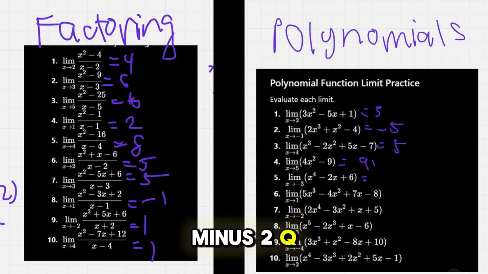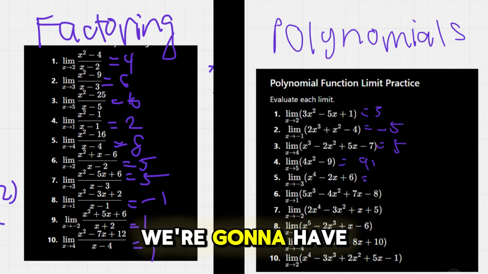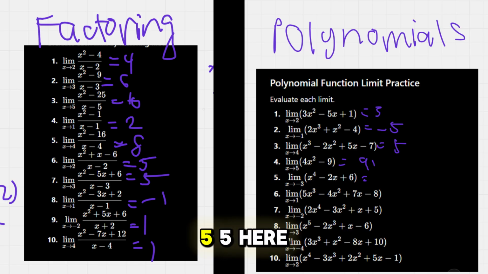Minus 2 times 4 squared. 4 squared, 16 times 2 is 32, and then 64 minus 32, that's going to be 32 plus 5 times 4, 20. That's going to be 32 minus 20. Okay, 32 minus 20 is going to be 12 minus 7. We're going to have 5 here.